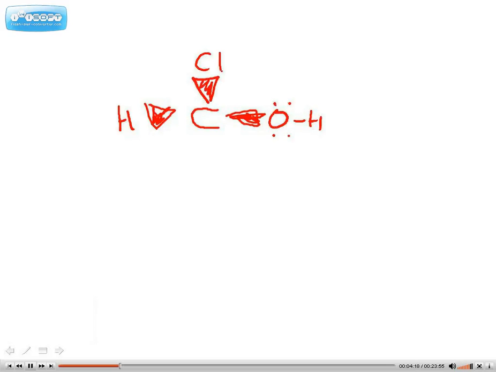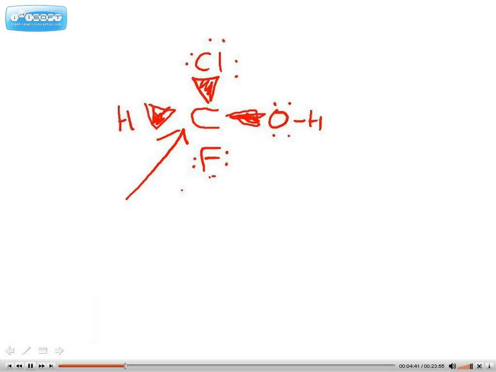Here we have a chlorine. And here we have a fluorine. Now, yes, there is a chiral carbon. Yes, it can form a mirror image. So now we need to figure out, is it D or is it L?